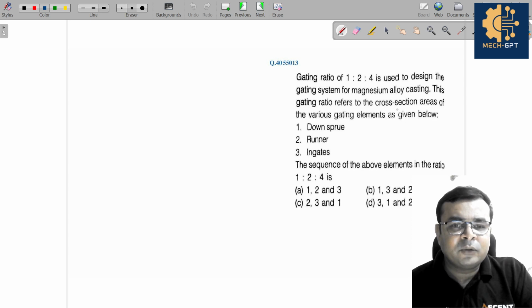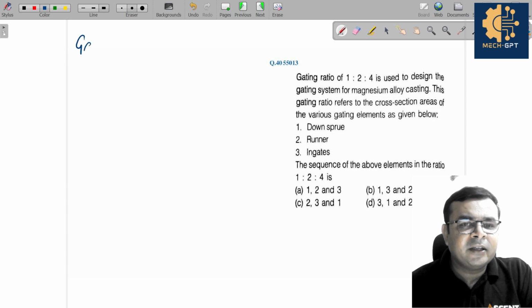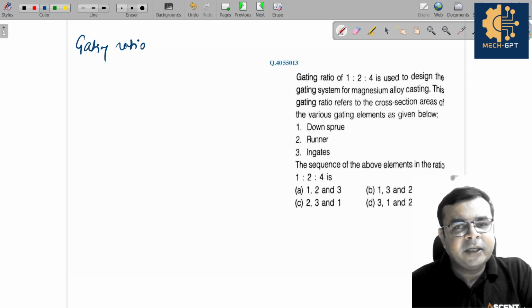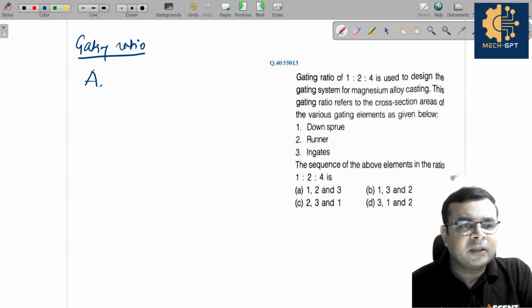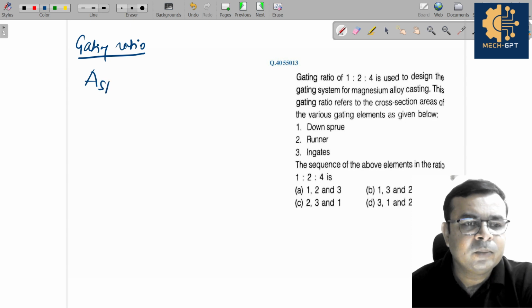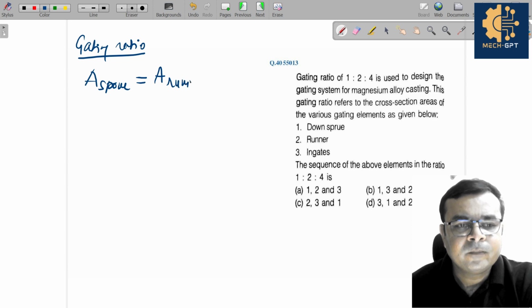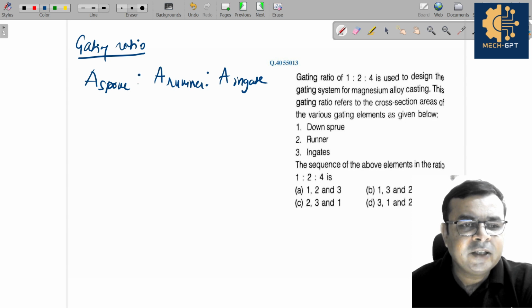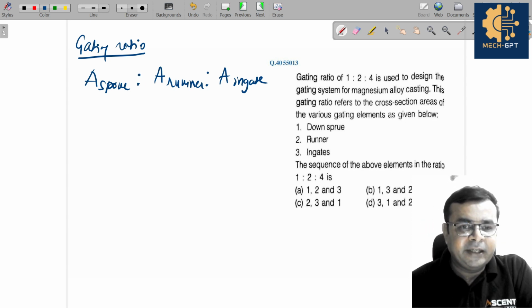This gating ratio refers to the cross sectional areas of the various gating elements, that is down sprue, runner, ingate. So if I talk about the gating ratio, it is always represented by the area of the sprue to the area of runner to the area of ingate.